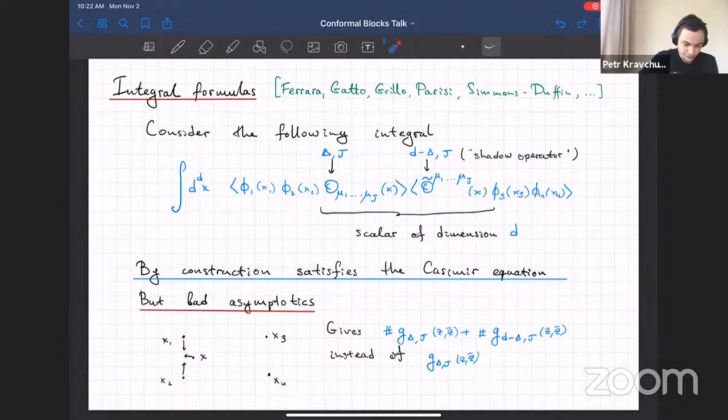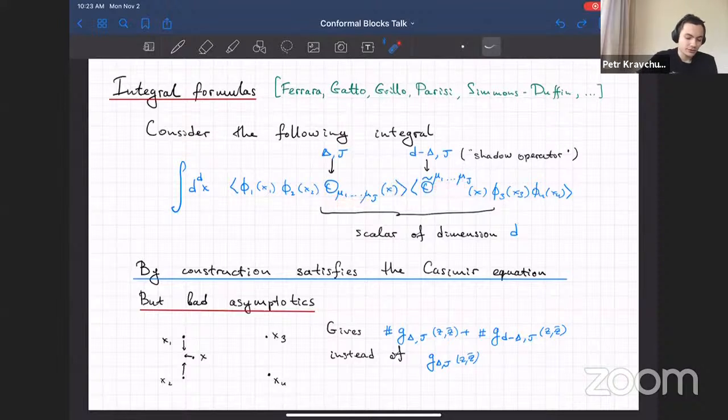Then we take another 3-point tensor structure, which is now for an operator of spin j, but with scaling dimension d minus delta, and some other scalar operators, phi3 and phi4. And we put these two operators, O and O tilde, at the same point x, and we contract their indices.